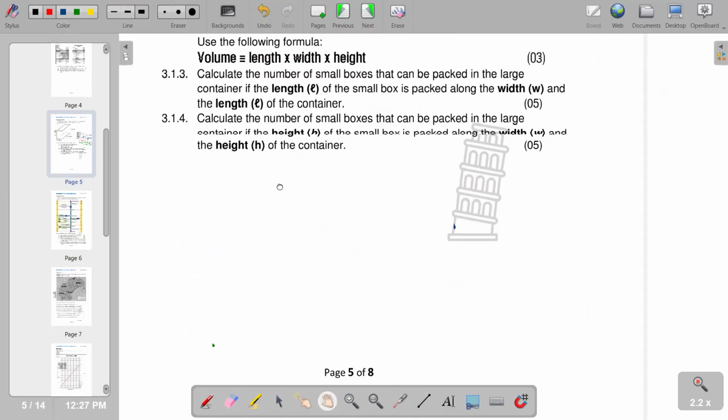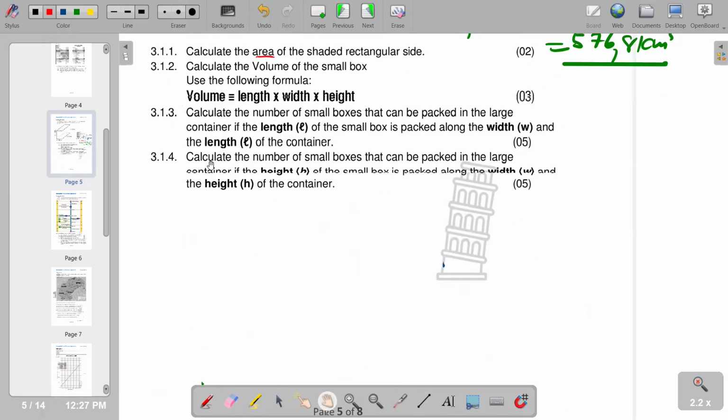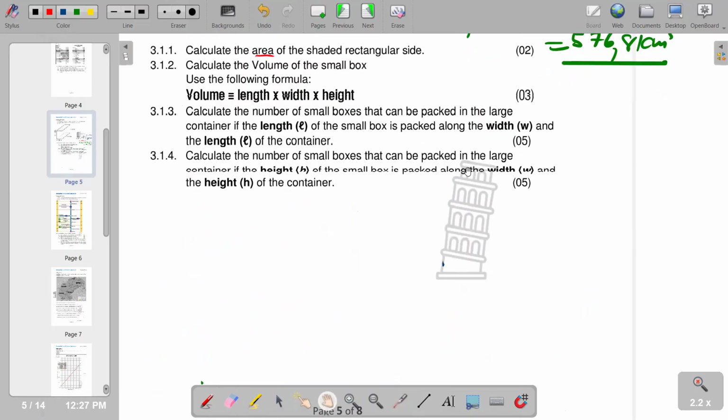On the next question, it says calculate the number of small boxes that can be placed in the container if the height of the small box is placed along the width and height of the container.